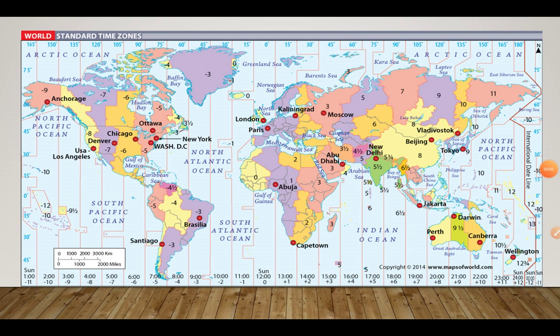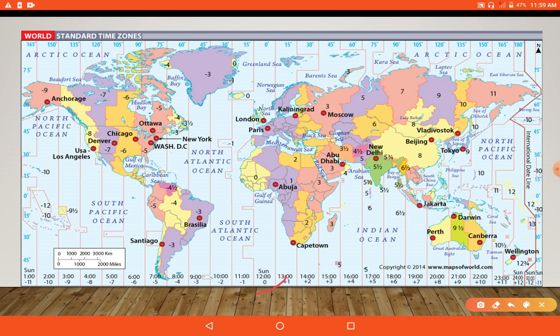Now students, this is a picture of the world standard time zones, right? Now let me show you the prime meridian. This is the prime meridian, and if you move toward the western countries, you can see numbers.